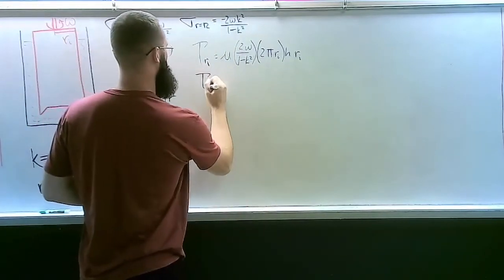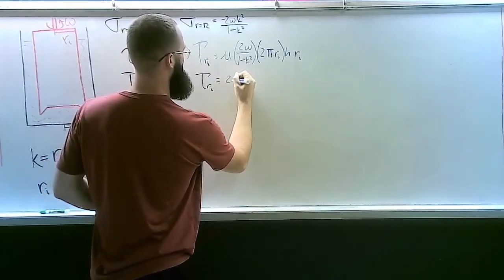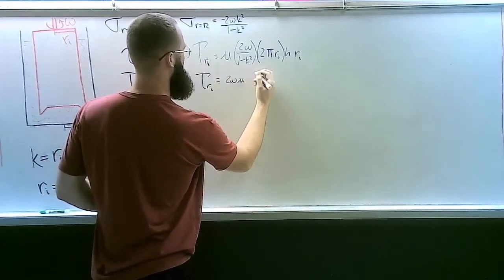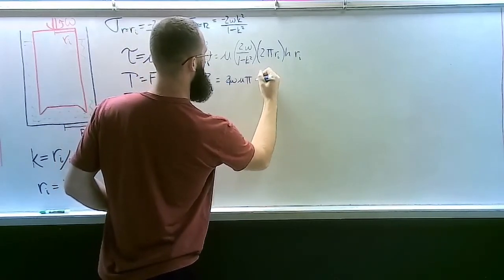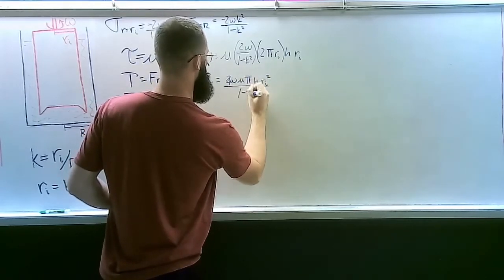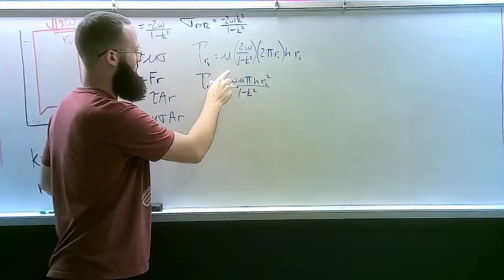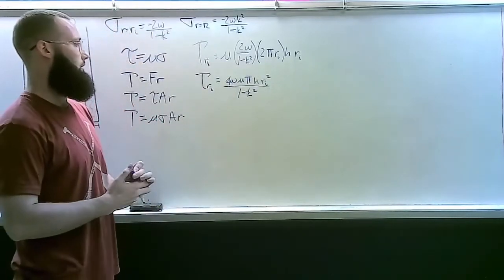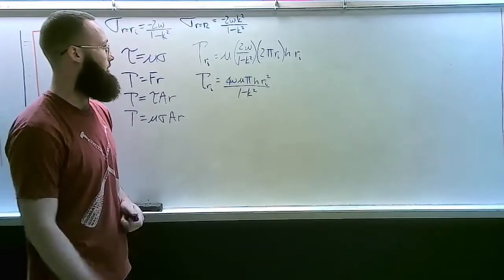And so with a little bit of simplification here, we get 2 omega mu 4 pi h Ri squared 1 over k squared. So that is our function for the torque at the inner radius.